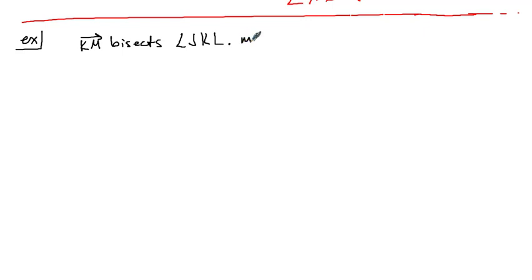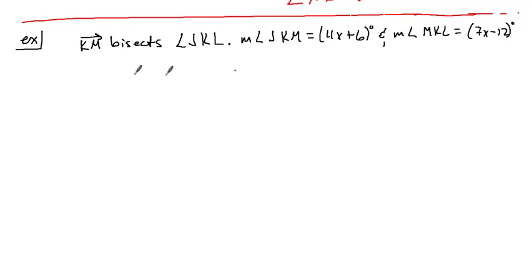And then we're going to see that the measure of angle JKM equals 4x plus 6 degrees, and the measure of angle MKL equals 7x minus 12 degrees. And your instructions would be find the measure of angle JKL.